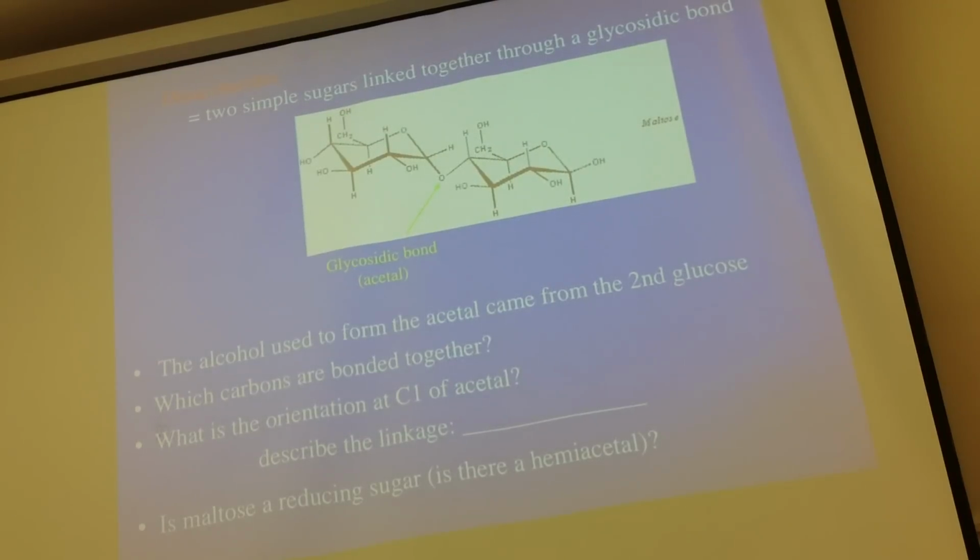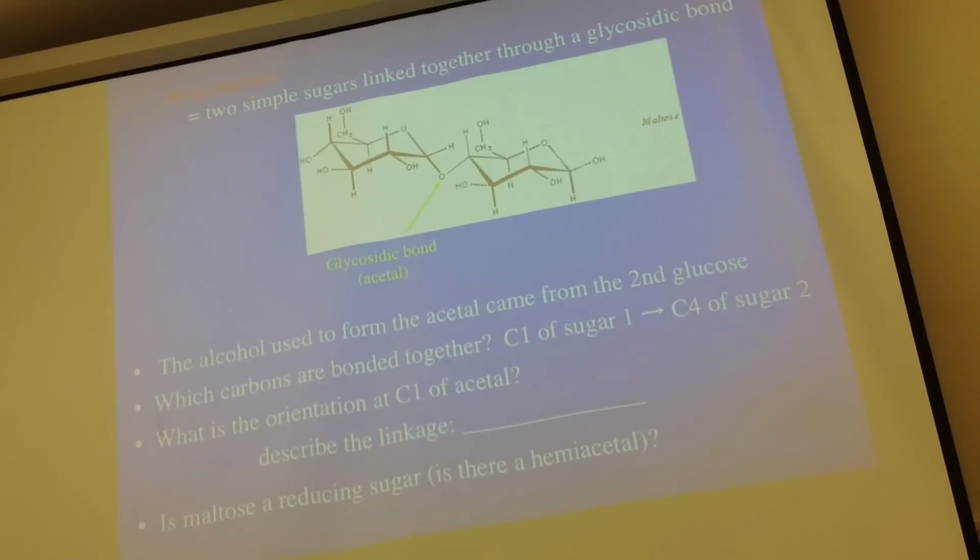So what they do is they start counting with the carbons. The carbon in sugar 1, the top sugar that's involved, is C1. It is what was in a previous lifetime the aldehyde. Okay, so C1 of sugar 1, which is right there, is bonded to C4 of sugar 2.